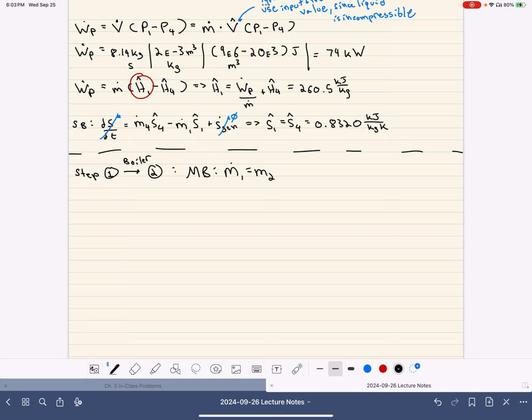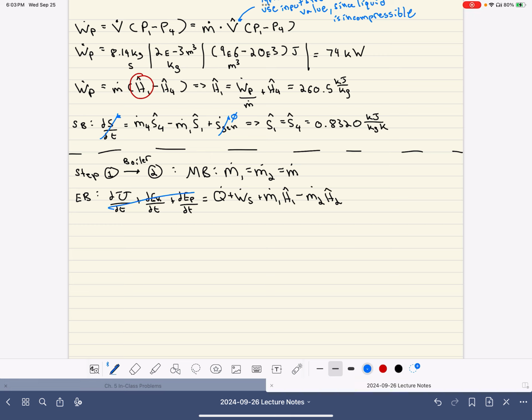On the energy balance, we're just going to start with the open system form of the energy balance. Okay.